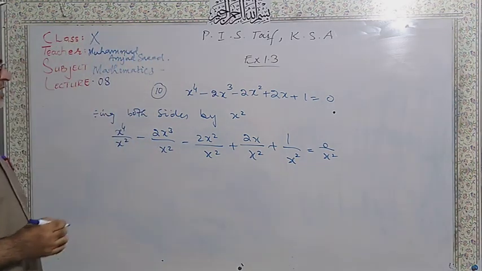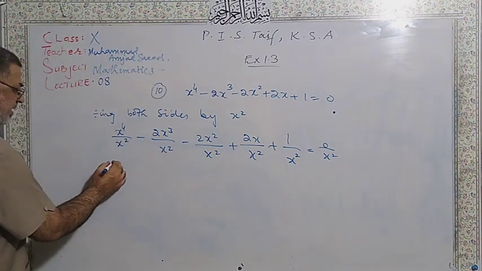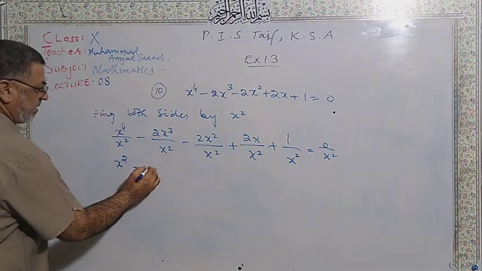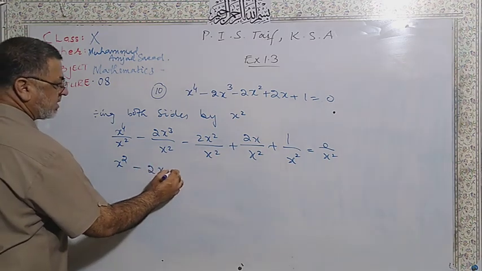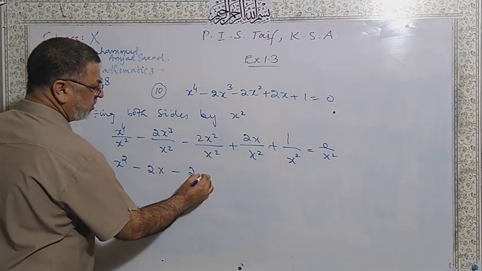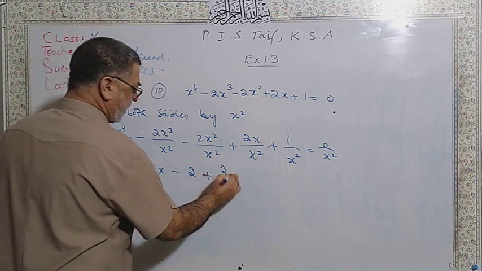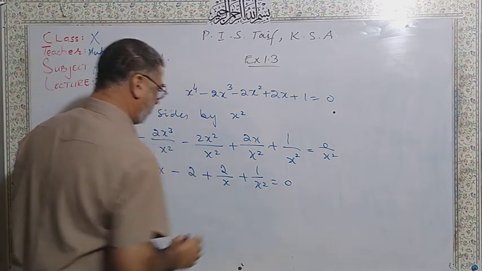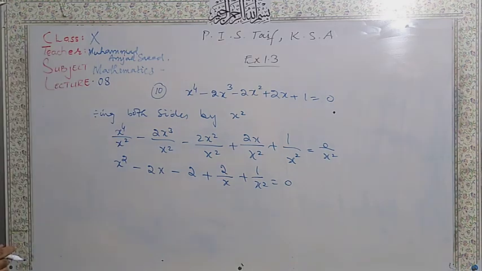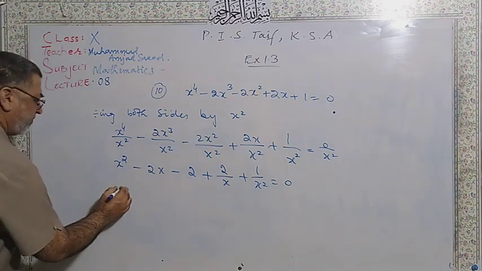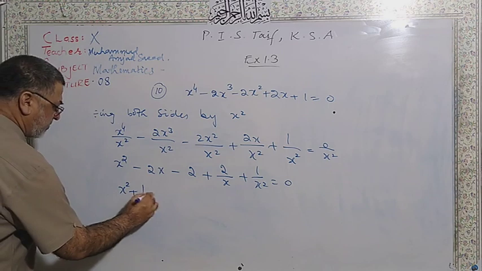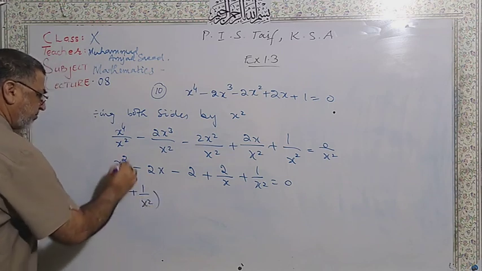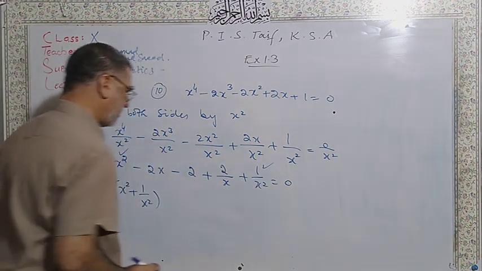So dividing both sides by x square, after cancellation we have x square minus 2x minus 2 plus 2 over x plus 1 over x square is equal to 0. Now rearranging, we will have x square plus 1 over x square, first and last.